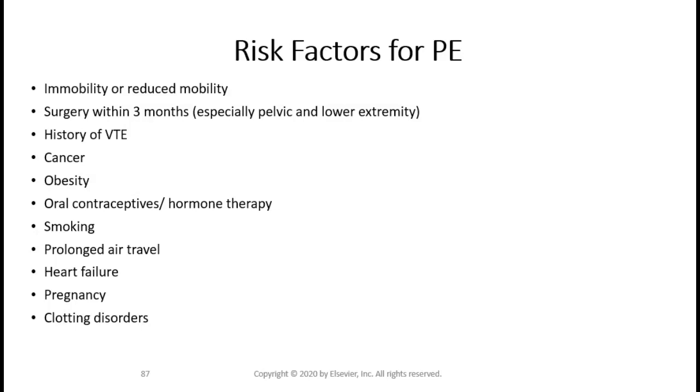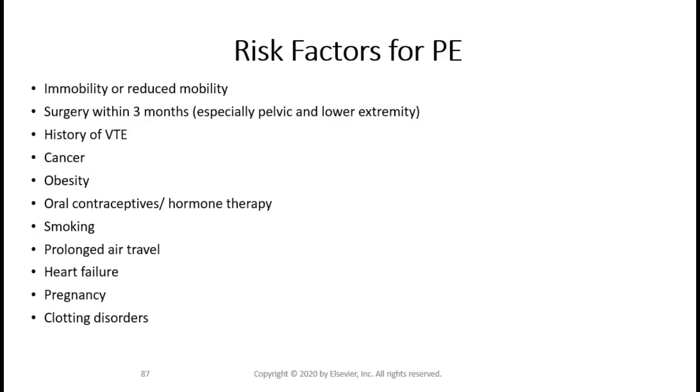Immobility, reduced mobility, especially any surgeries within the last 3 months, especially the pelvic or lower extremity. So somebody who has like a hip replacement, knee replacement, ORIFs, anything like that. Obesity, people who are on oral contraceptives, hormone therapy, any clotting disorders, pregnancy.